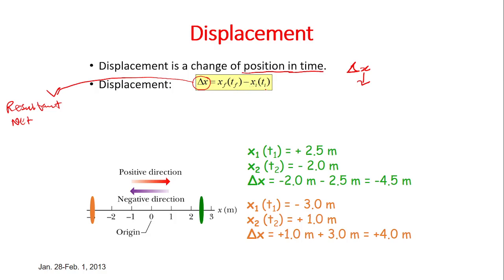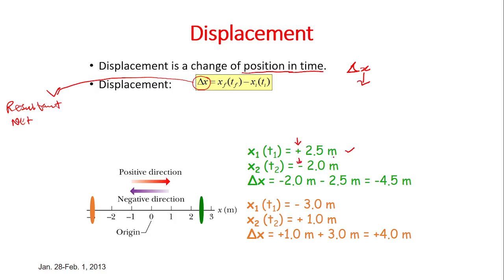Okay, so for example, let's say we have this movement. Let's say an object first moves 2.5 meters. That's the first movement. And then the second movement, it is -2 meters. So these signs you are looking at are just telling us the direction.